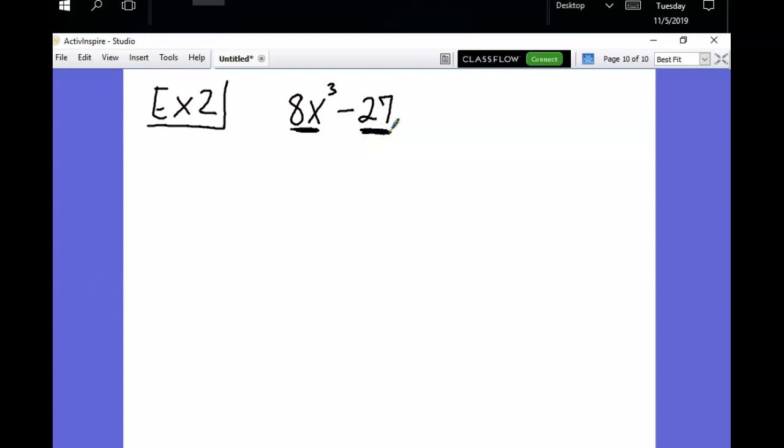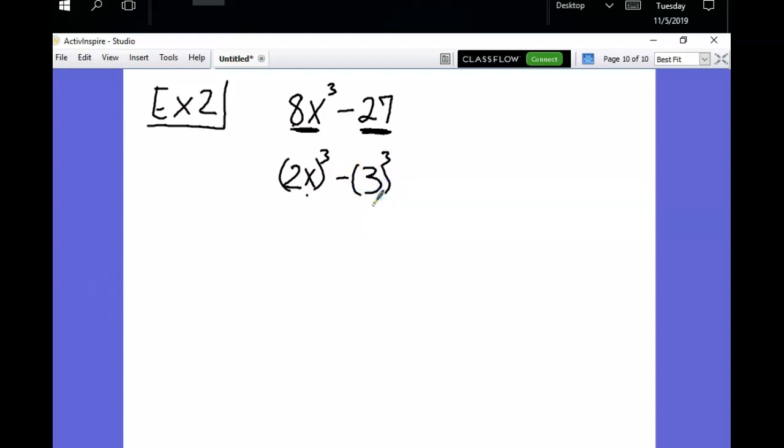What number to the third power would give me 8? We already know that's 2, right? And then we have our x as well. So this is 2x raised to the third power. What number to the third power gives us 27? The answer is 3. 3 times 3 times 3 is 27.